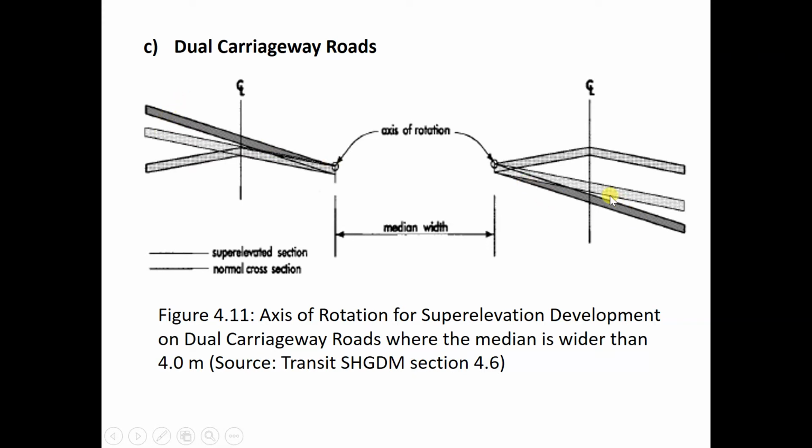The same thing for this right hand side as well. Normal camber, and then we go down, and then the super elevations, and there's a median. So it rotates around the edge of the median. So the median maintains the height, maintains the level.